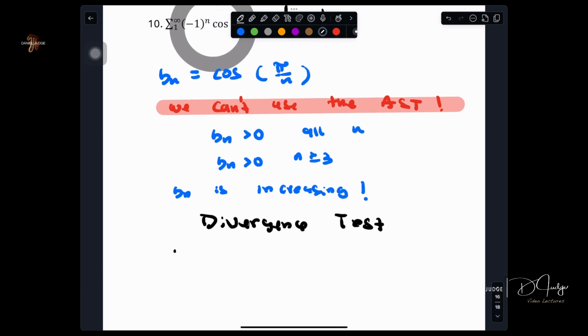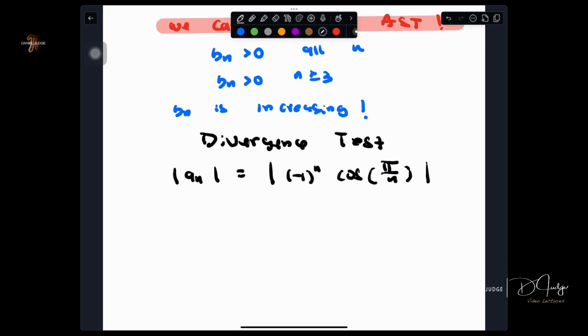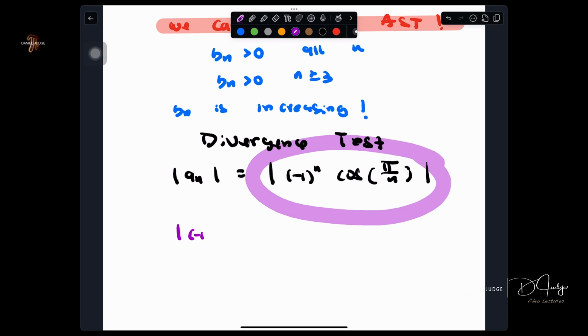Okay. So the absolute value is defined to be the absolute value of -1 to the n cosine pi over n. Now, using some algebra, absolute value of -1 to the n times absolute value of cosine pi over n.